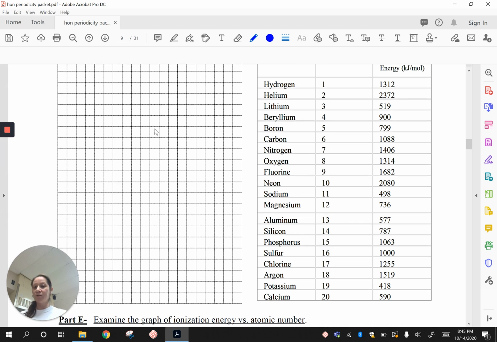The peaks, which ones are the peaks? Well, the noble gases. Why is that? Well, as you go from left to right, like we said, across a period on the periodic table, your ionization energy increases because Zeff increases, the attraction increases. And the noble gases are the very last group on the right, so that makes sense. But also from your prior knowledge, you know that noble gases are very unreactive, right?